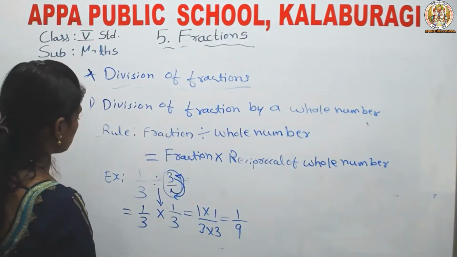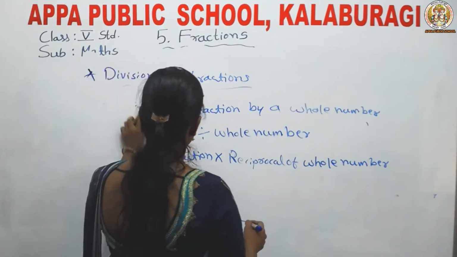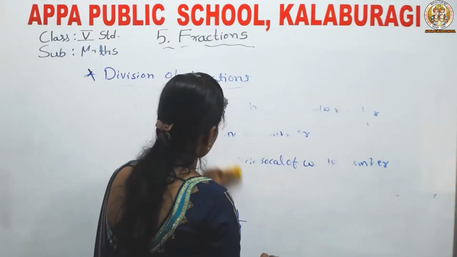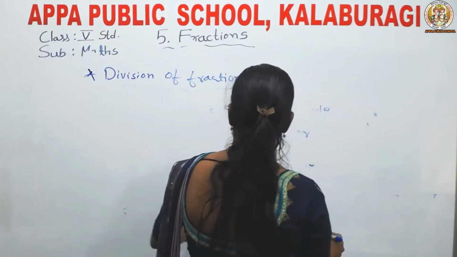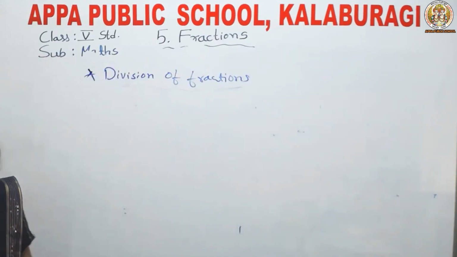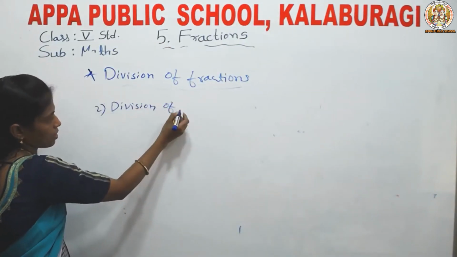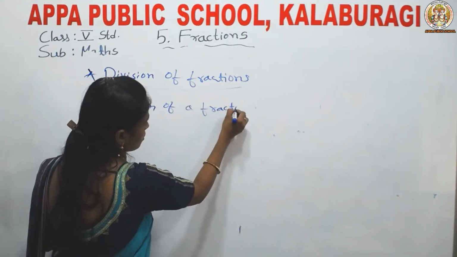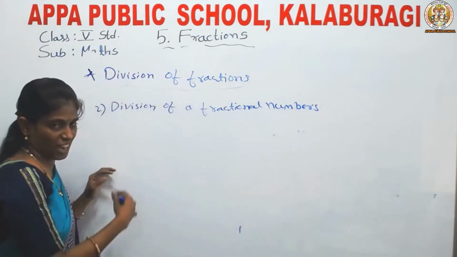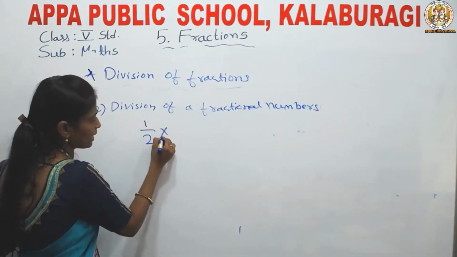Next, the second one: division of a fraction by a fraction. For example, 1/2 divided by 1/3.